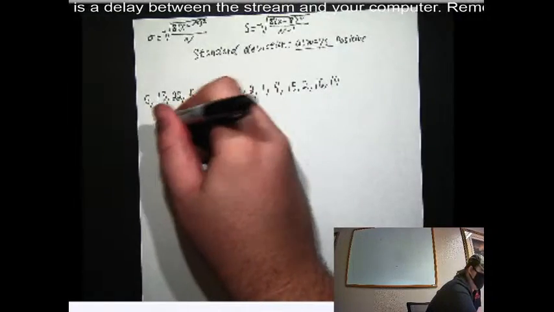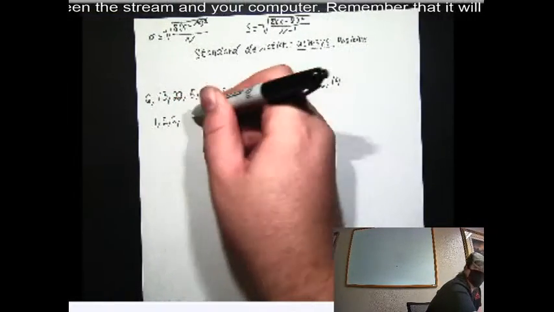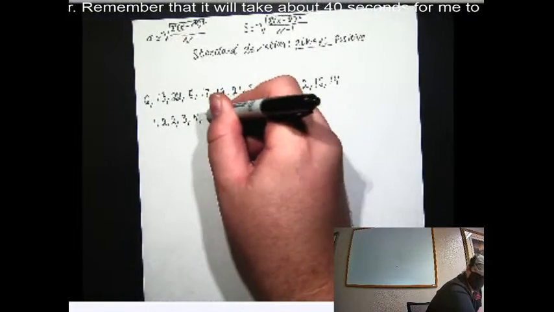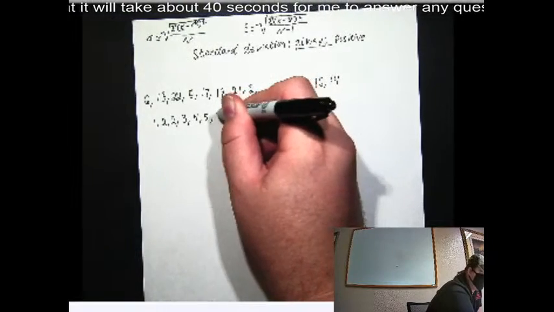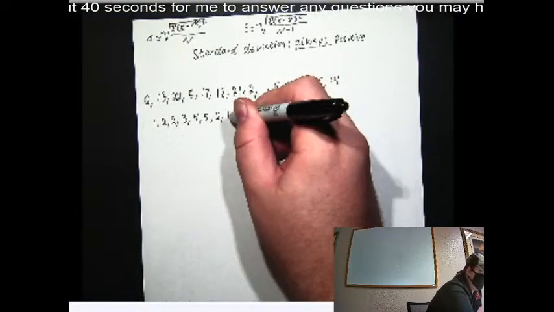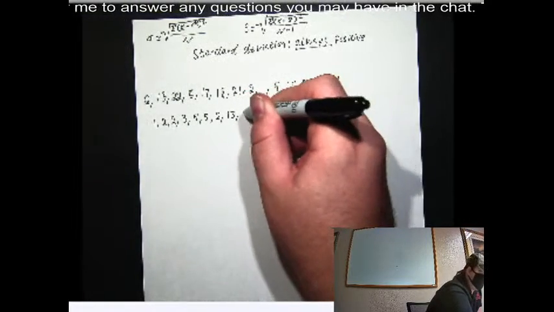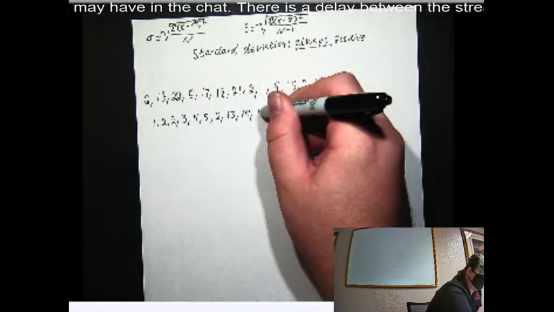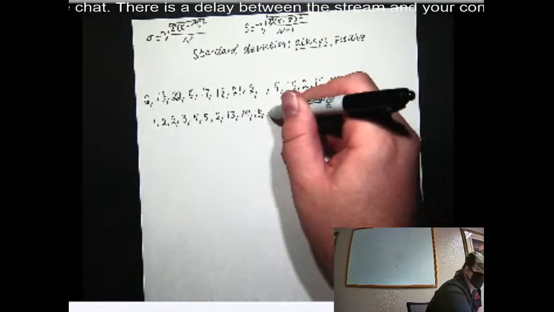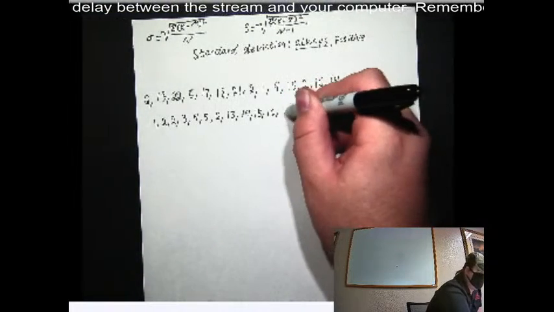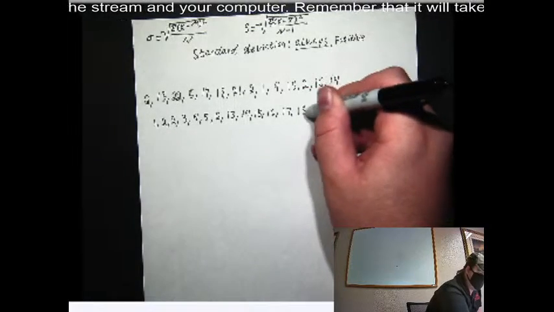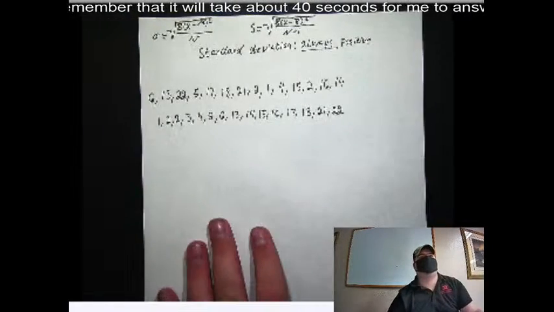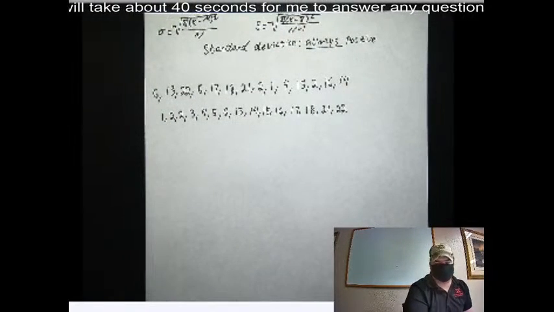So let's see, 1, 2, 2, 3, 4, 5, 6, 13, 14, 15, 16, 17, 18, 21, and 22. Okay, so we've got all of our data ranked in order.